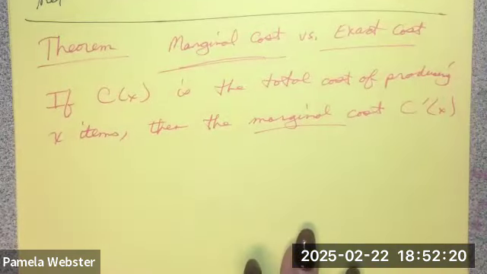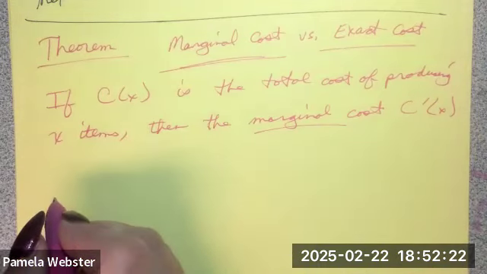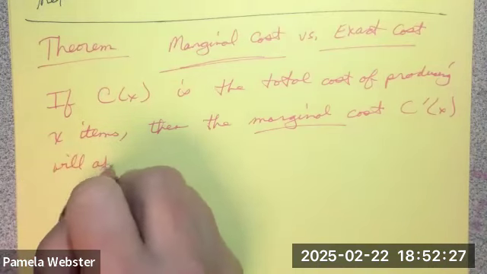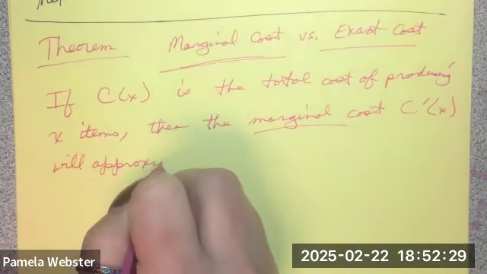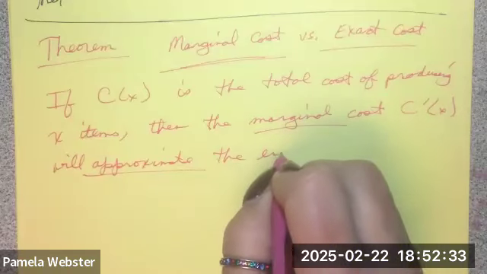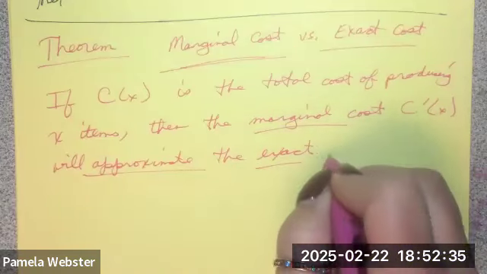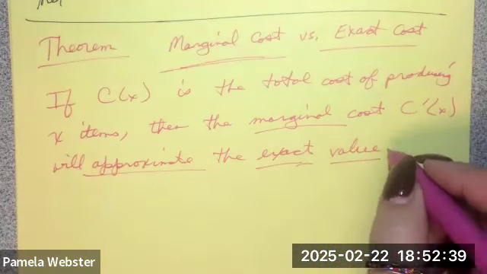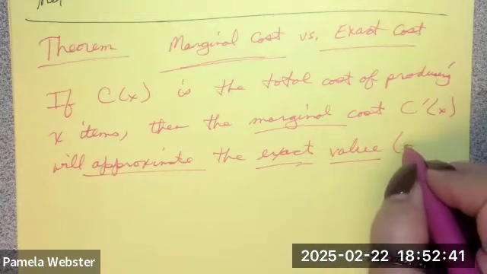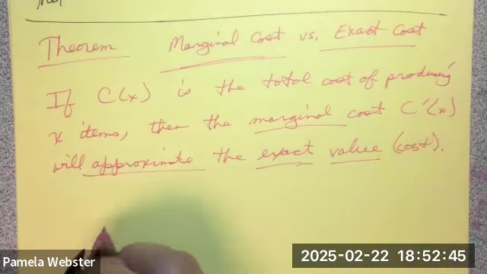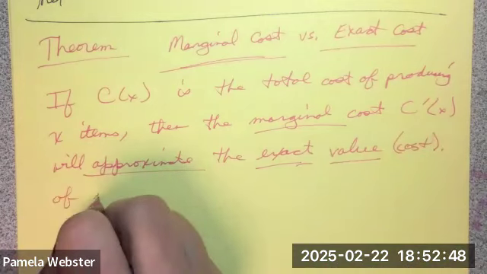The derivative function will approximate the exact value. In this case, it's a cost, the exact cost, I should put that in there, of making one more item.